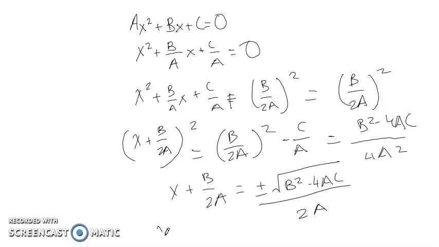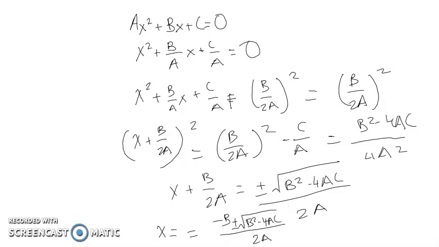We finally get x equals negative b plus or minus the square root of b squared minus 4ac, all over 2a.